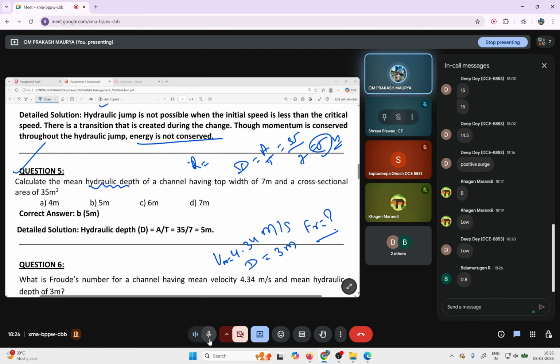Okay, so Bala is telling option 0.8. Okay, fine. Other students please. Very easy question. You have to remember the formula and do a slight calculation. So I need answers from all of the participants.